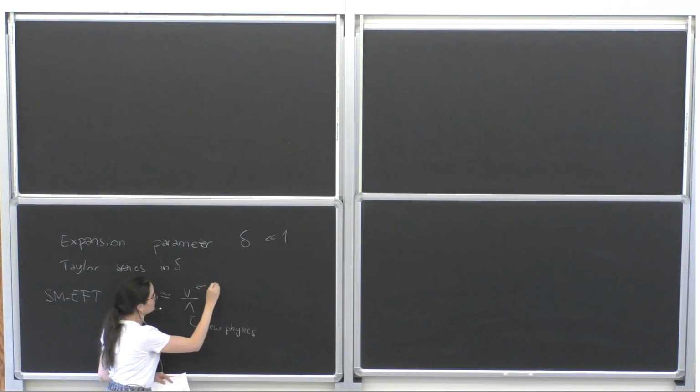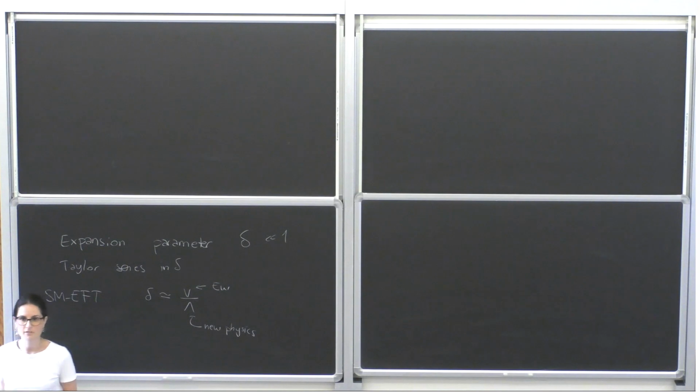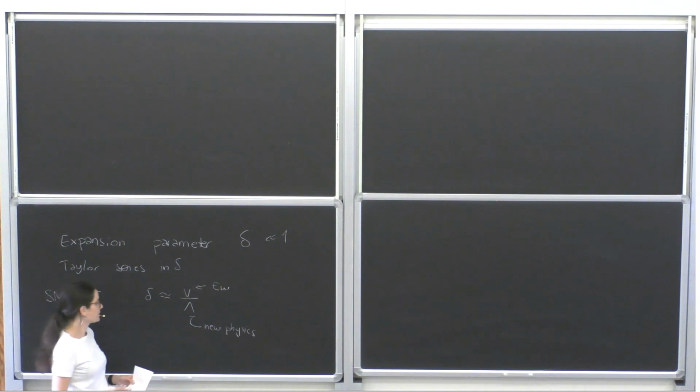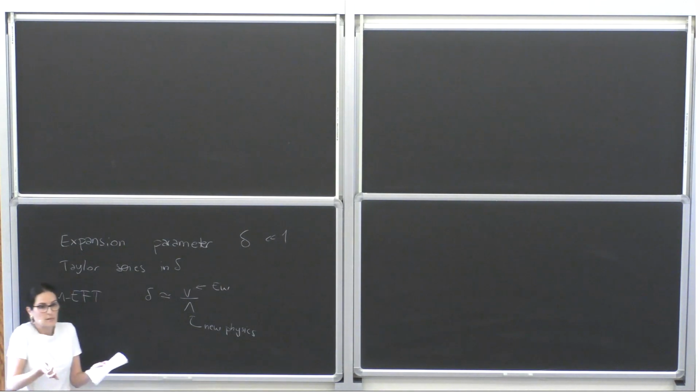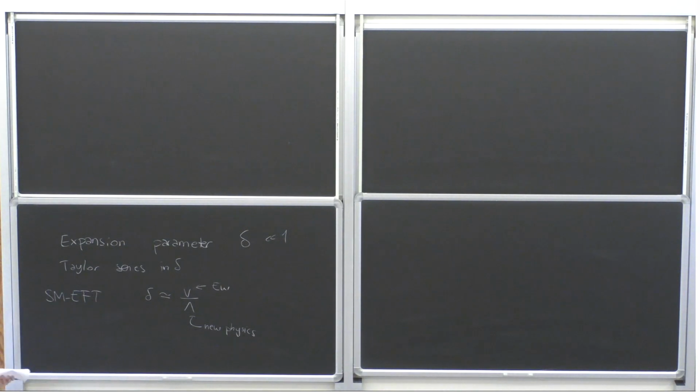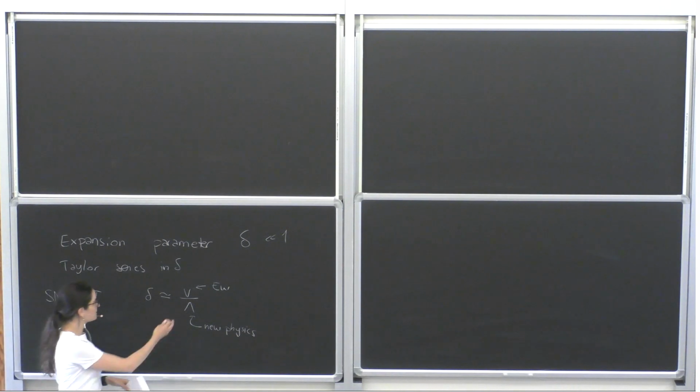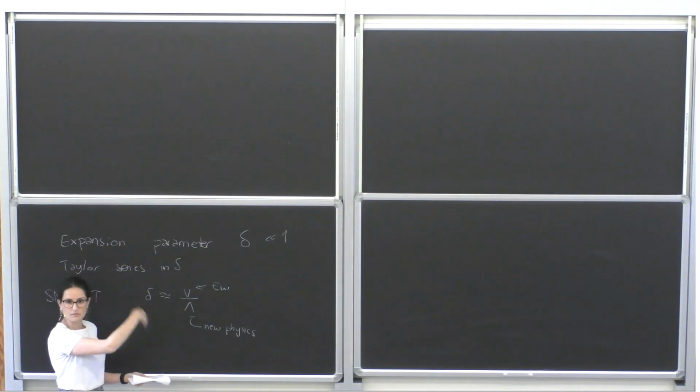And this v is the electroweak vacuum that Stefan just told you about. So v is the v that gives the mass to all the particles in the standard model. So it's the only dimensionful parameter in the standard model in the electroweak theory that we have. While lambda is some scale, roughly of the order of the mass of the heavy particles, but more in general, if you have a strongly interacting theory, this lambda could be the equivalent of lambda QCD for your new theory or something like this.